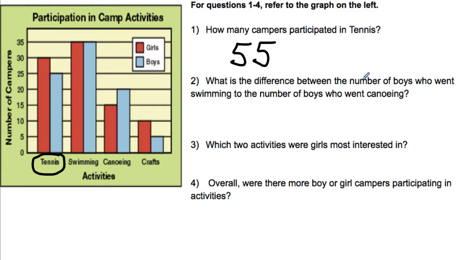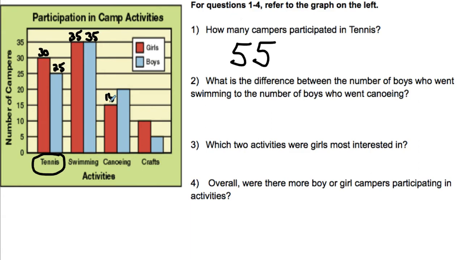All right. What is the difference between the number of boys who went swimming to the number of boys who went canoeing? All right, so the boys who went swimming are right here. In fact, I'm going to label these really quick. Sometimes I think it's helpful to actually label the numbers right on top of the bars. So I'm going to sneak those in here as I'm working.